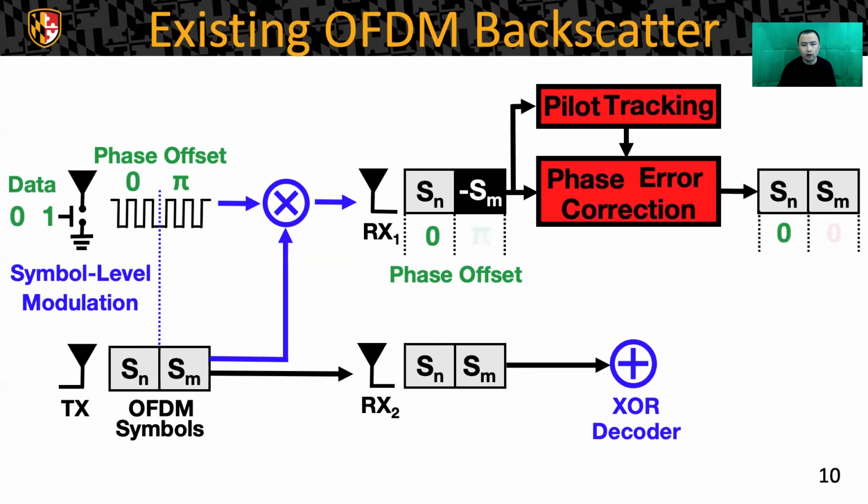It causes the phase offset introduced by the backscatter to be eliminated. For example, in this slide, the phase offset of SM returns to be 0. Therefore, the tag data 1 will always be mistakenly decoded as 0.